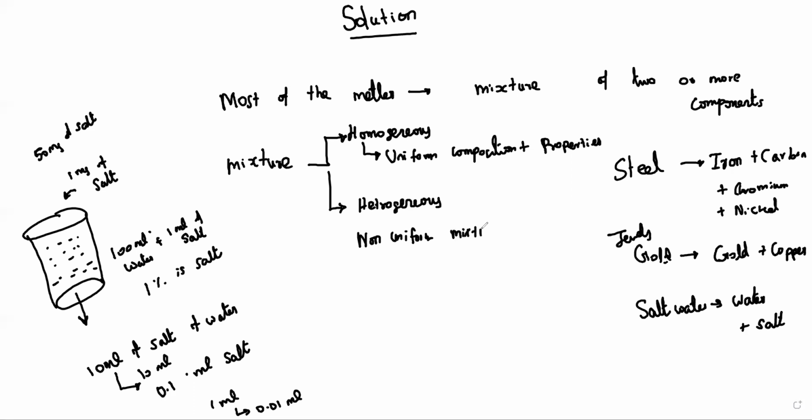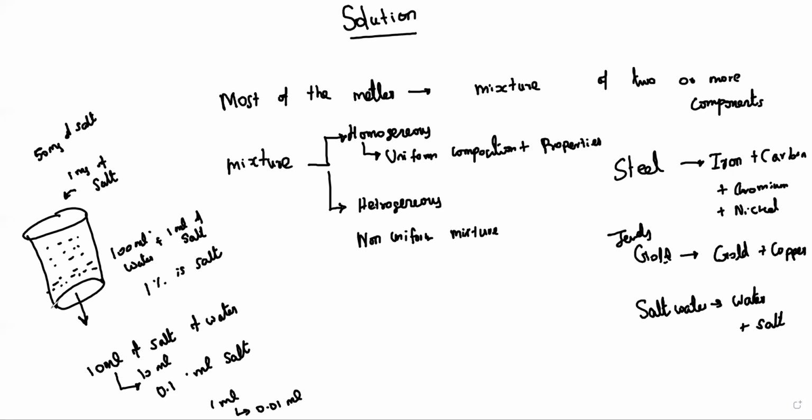No. Only some of the salt is completely mixed, and in the bottom portion you will have more salt. So the top portion of water is less salty, and the bottom portion of water has too high an amount of salt taste. So that is called a heterogeneous mixture.